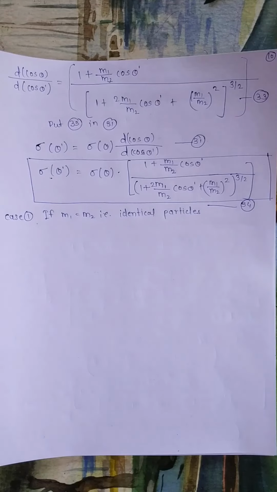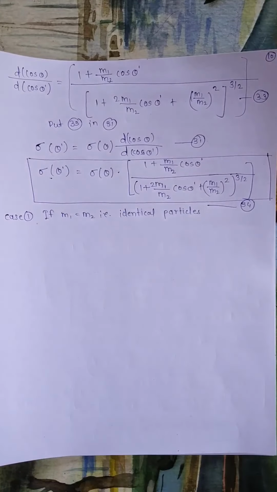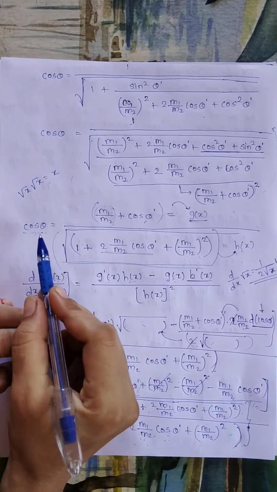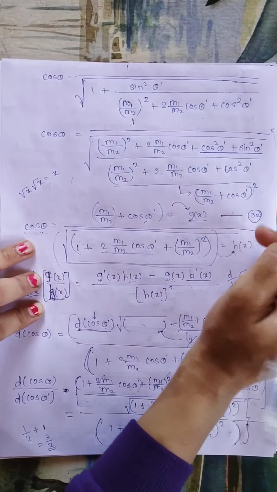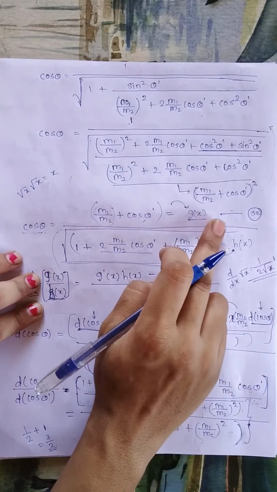Now we will discuss two cases for this equation 34. In the first case we will take both particles as identical particles, that is m1 equals m2. If we call this equation for cos theta equation number 32, we missed this number, so note this equation as equation number 32.